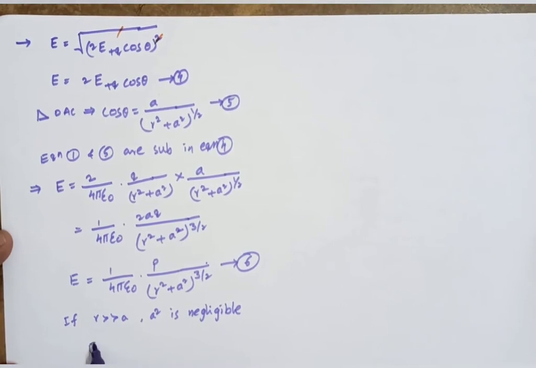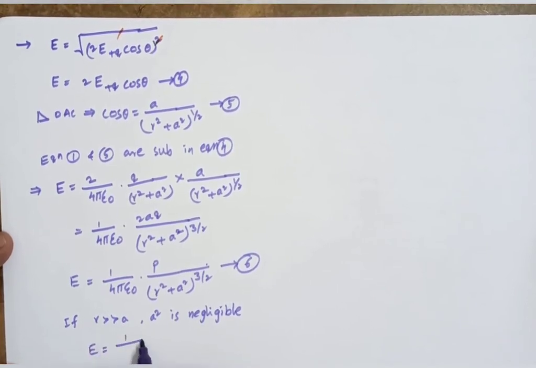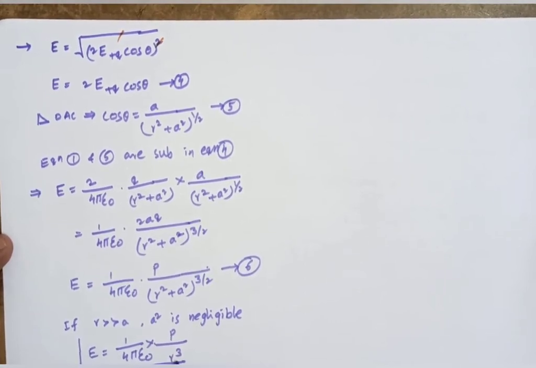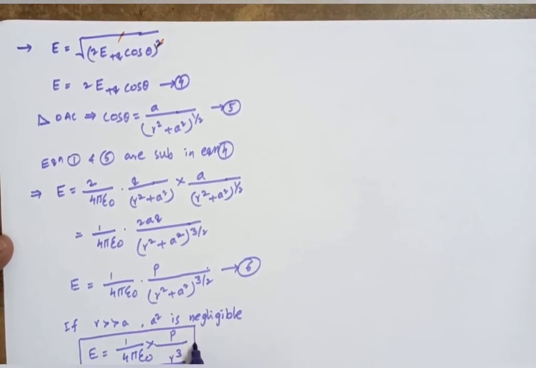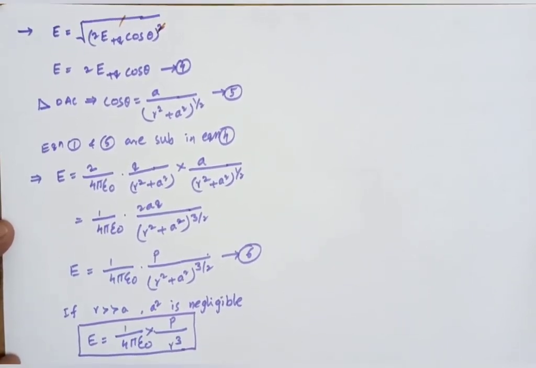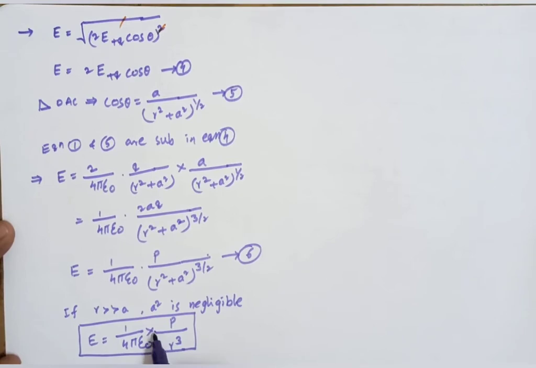Then E equals 1 by 4 pi epsilon naught, so the term p by r cube. So this is the electric field strength at a point on the equatorial line due to the electric dipole.